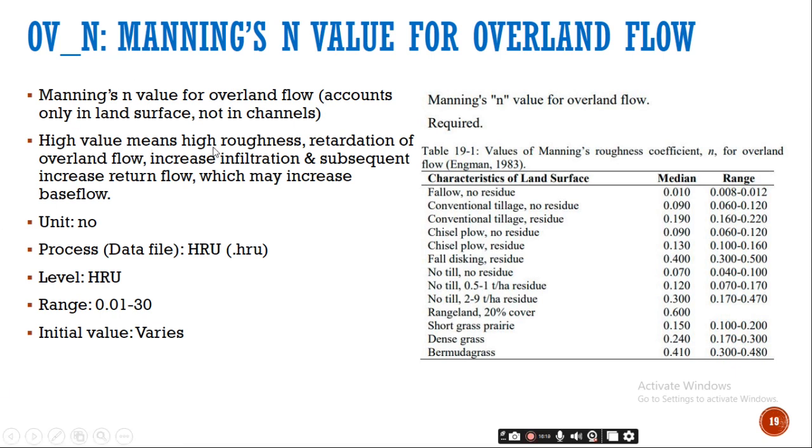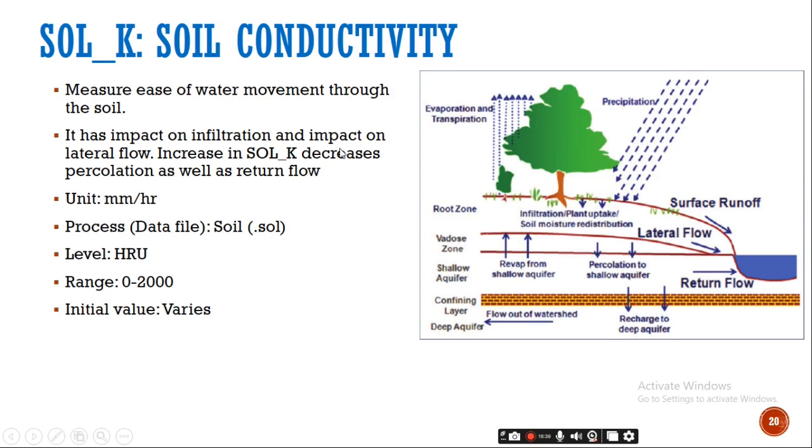High value means high roughness, retardation of overland flow, increased infiltration and subsequent increased return flow, which may increase the base flow. It has no unit and its recommended range is 0.01 to 30, and its initial value could vary, and here you can see some of the Manning coefficients for the different land surfaces.